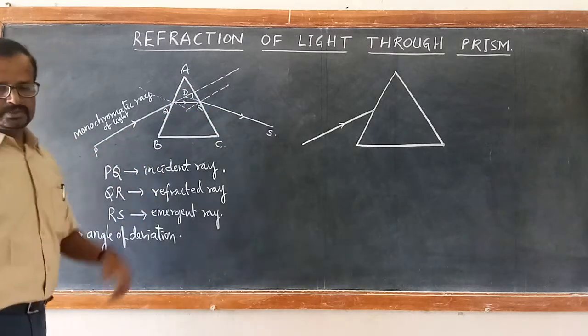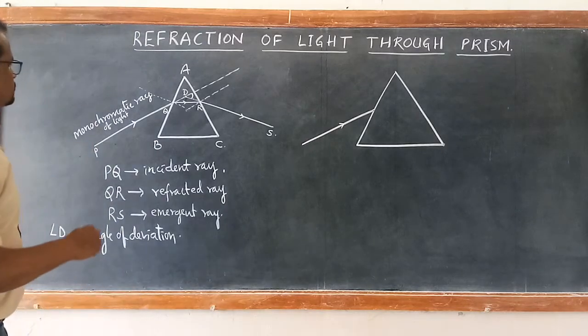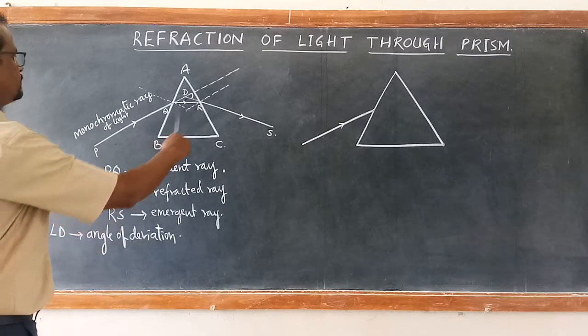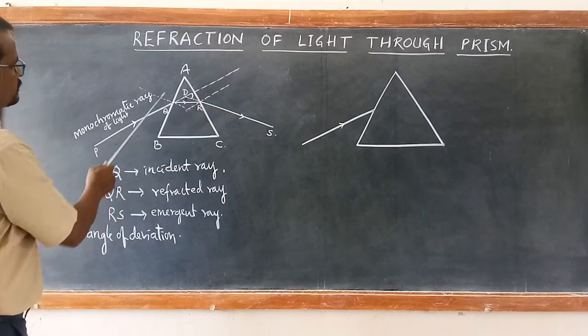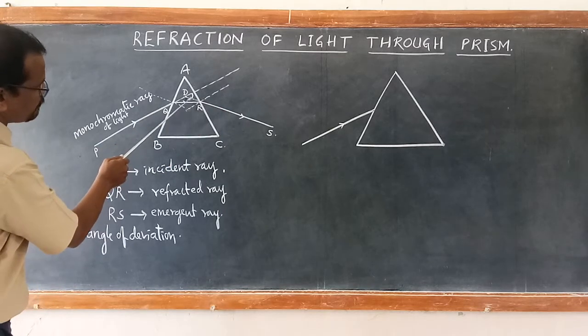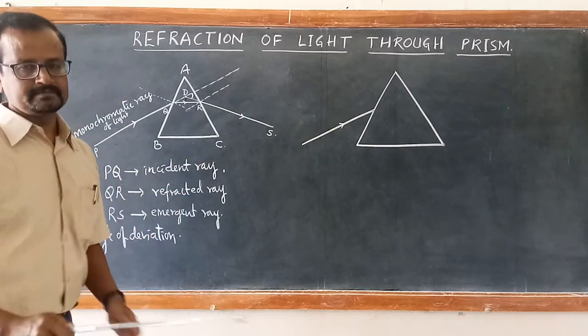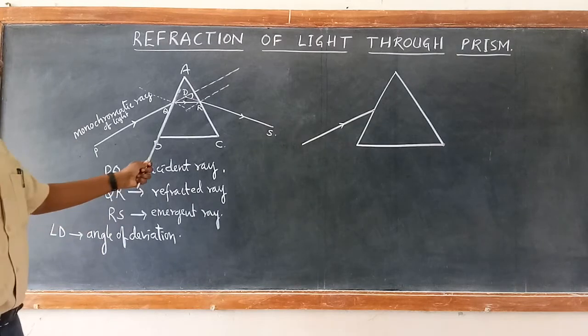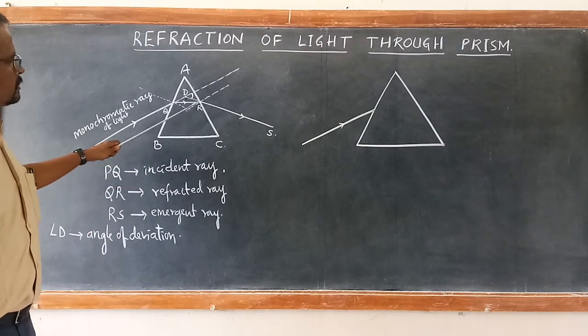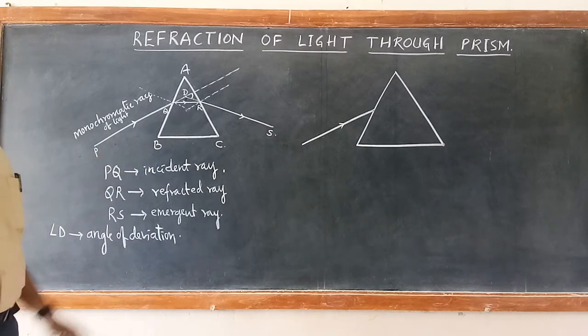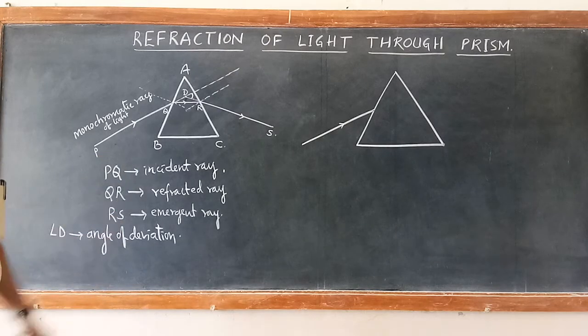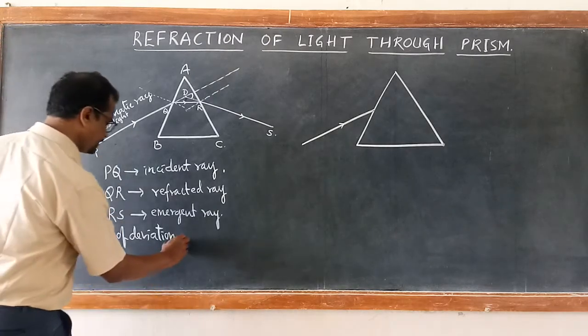You can see here, this is the incident ray produced. The angle through which the incident ray has bent to form the emergent ray, that angle is called as angle of deviation. You can write here.